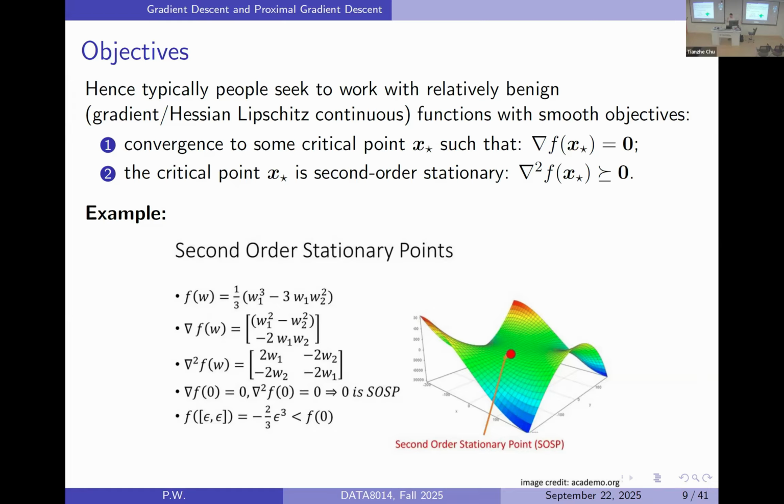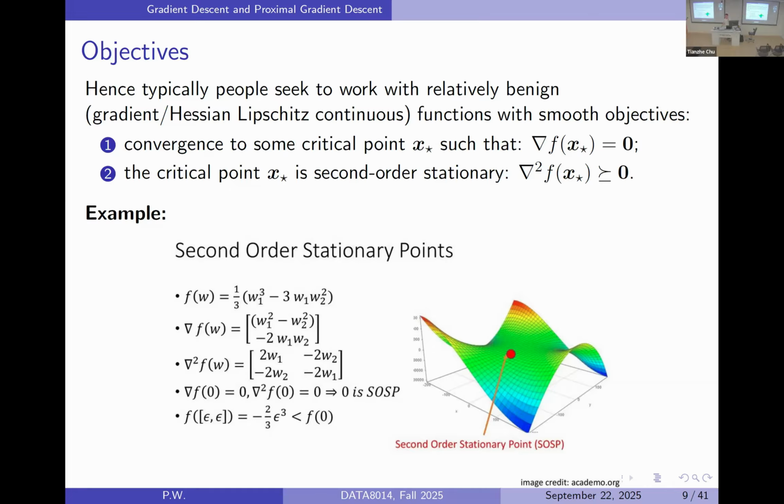But I want to say this one, 0, 0, is a critical point. But if you pick some point epsilon around this point, the function value at this point is smaller than at the critical point, the second order stationary point at 0, right?